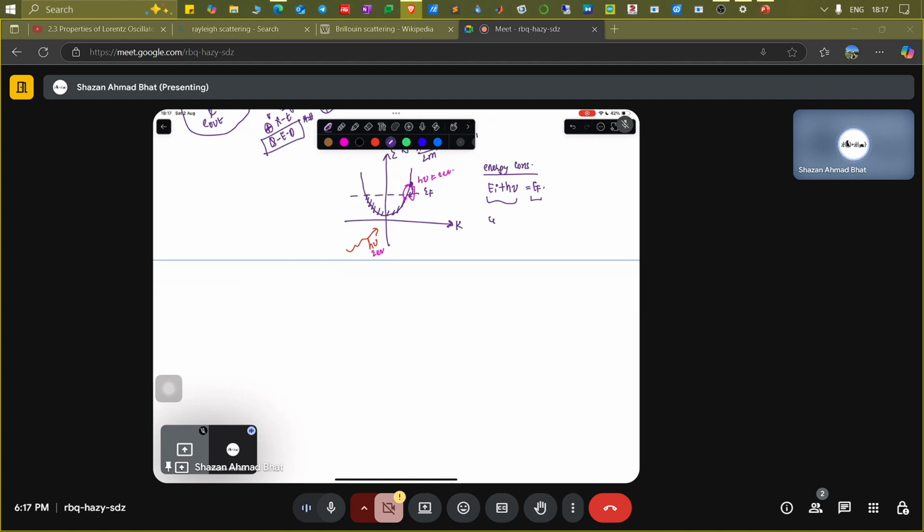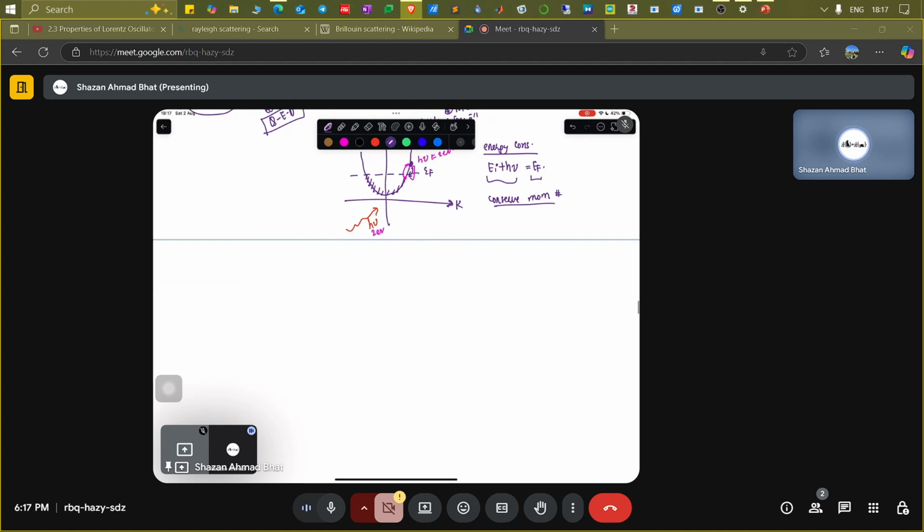And if you want to conserve the momentum, which in this case is very obsolete because the photon doesn't have any momentum. But in case, let's say the initial momentum of the electron was h bar ki. This is the momentum of the electron initially at this particular point. Let's say this is ki. And then it was hit by a photon. Let's say a photon has a momentum p_h. Let's consider it for the time being, and it will be equivalent to h bar kf. kf is the final momentum.